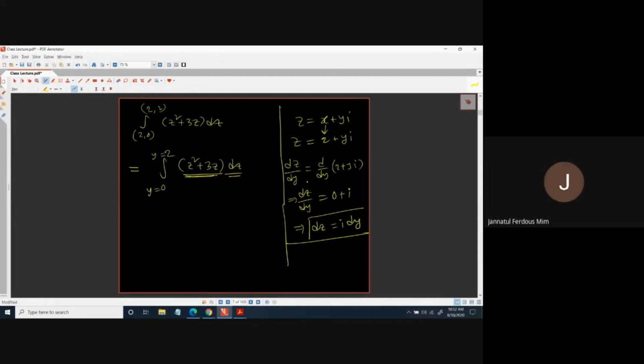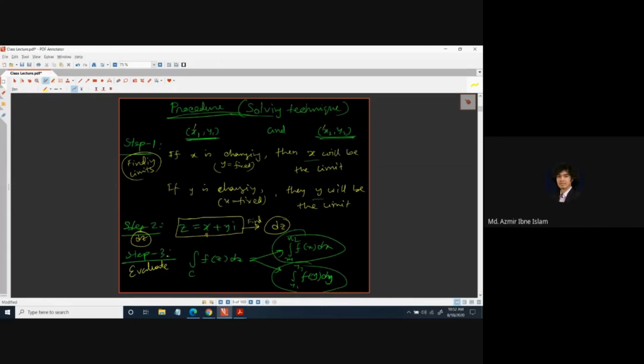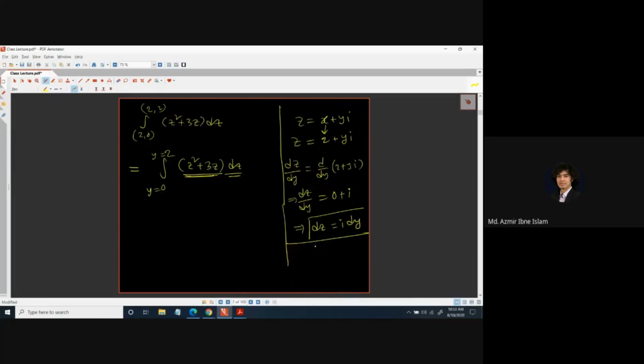Finally, have a look at step 3. If we are done with step 1 and step 2, then in step 3 we have to convert this complex integral to our known form, that is f of x or f of y. We are integrating from y equal to 0 to y equal to 2.